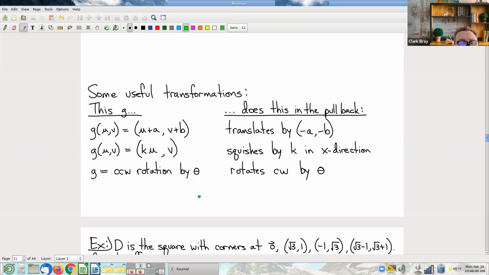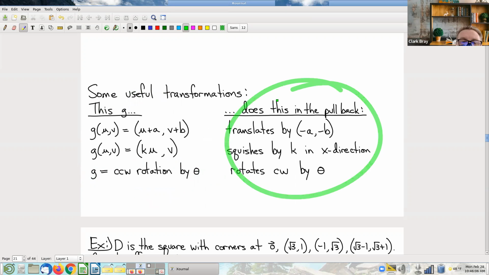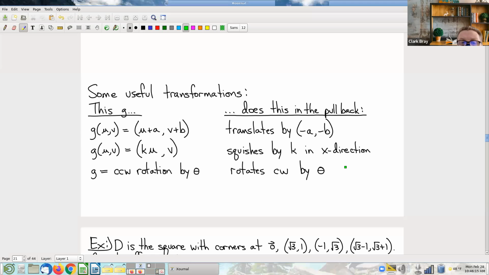So you got to keep the order straight. Whatever your function does, in some sense, the opposite is going to happen to the pullback. As you do the pullback, it'll undo what your transformation does. But nevertheless, this allows you to do valuable things to your domain that might again make your life easier.